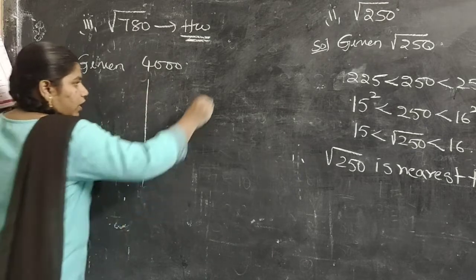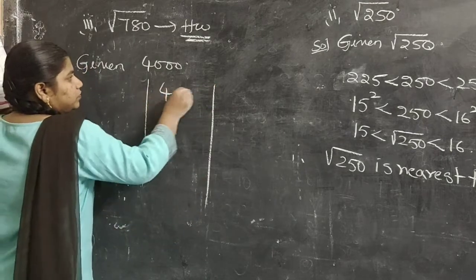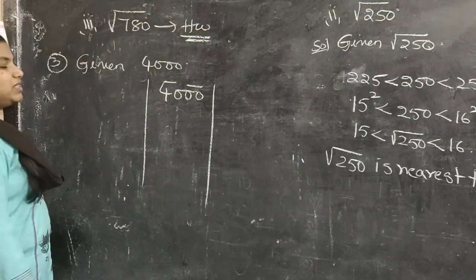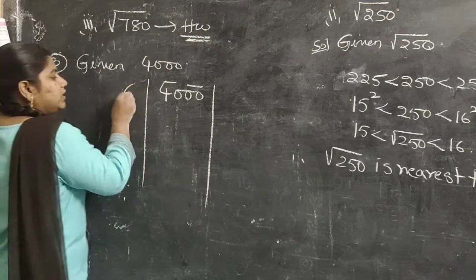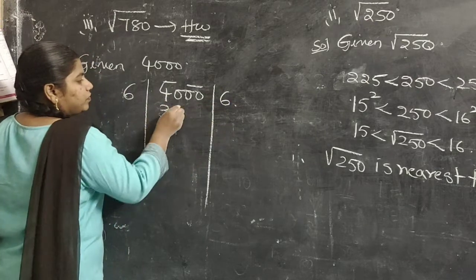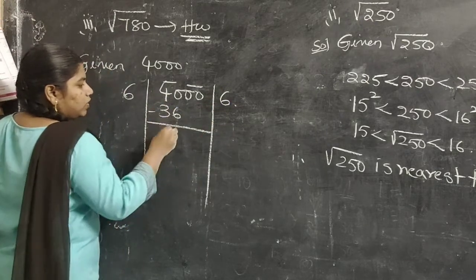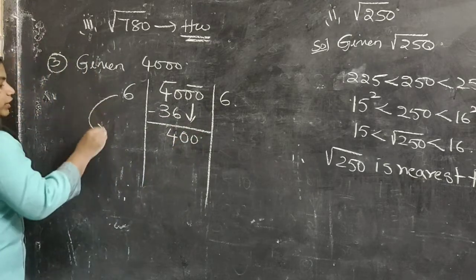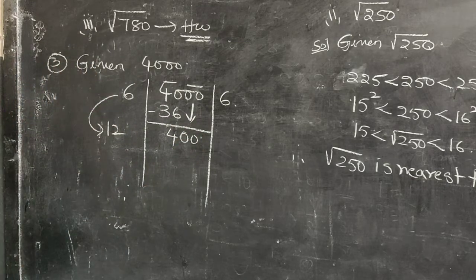So I am taking the long division method. Pair the numbers first. 40, that means 36. 6 6s are 36. Bring this whole number down. Double this value, so it will be 12. The last digit is 0.